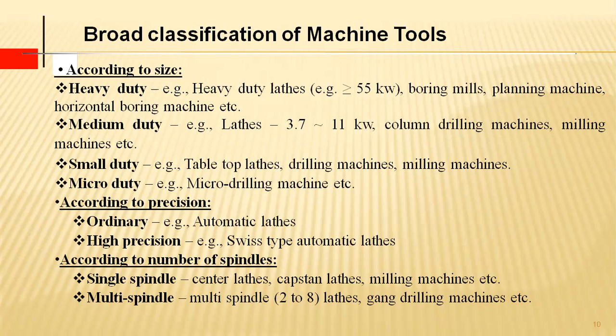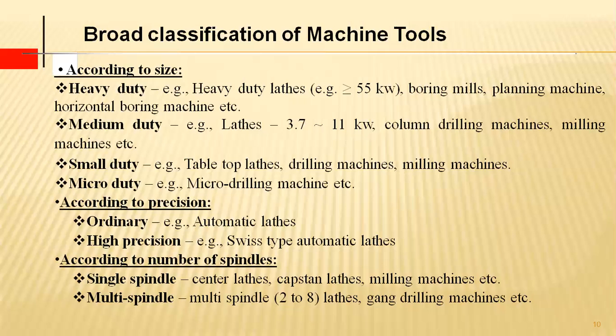Medium duty machines hold a power of 3.7 to 11 kilowatts, such as column drilling machines and milling machines. Small duty, such as tabletop lathe, drilling machine, and milling machines, are the best examples. Micro duty example: micro drilling machine.